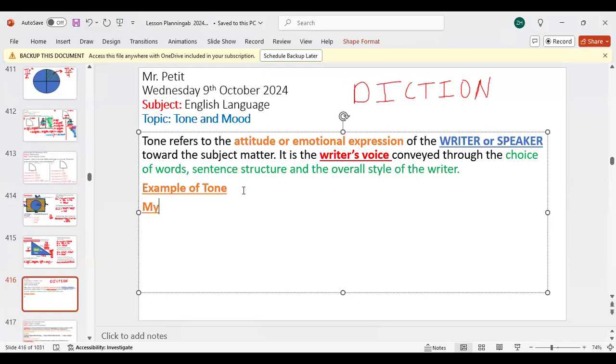My mom. So let's say you're reading something and this is what the person writes. They said, my mom suddenly died yesterday.